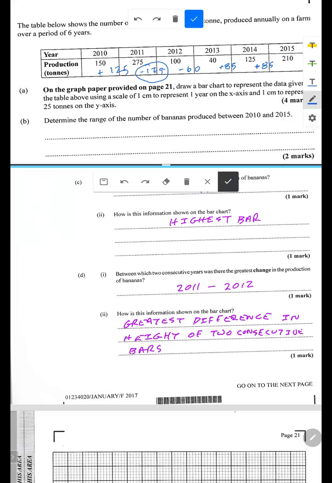Two consecutive bars on your bar chart. That's where you know you have the largest change. Two consecutive bars side by side, which have the largest difference in height. All right.